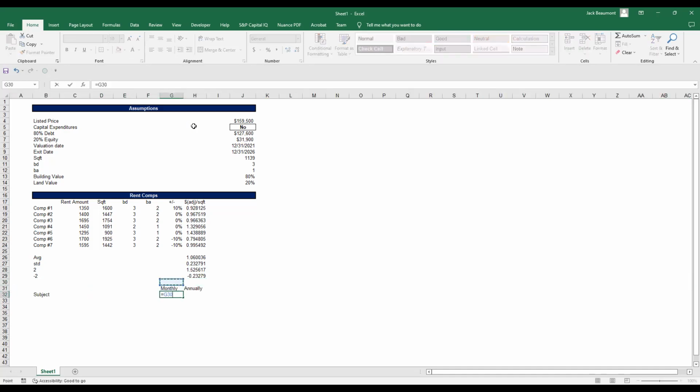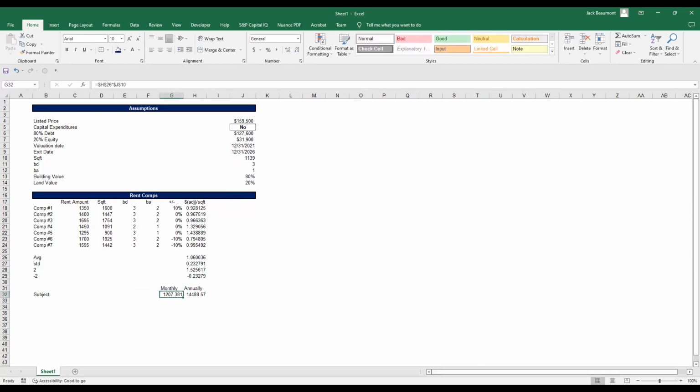So what we're going to do is we take our average. This is the whole reason we did this. And then we're going to multiply it by the square footage of our property here. Okay. And then annually it's going to be that times 12. Okay, so we got 1207 for rent.